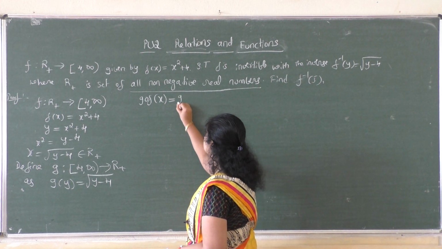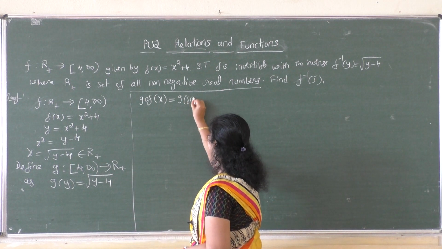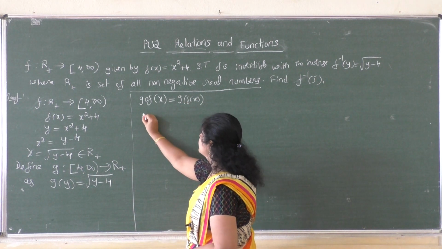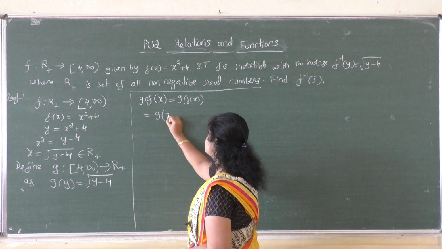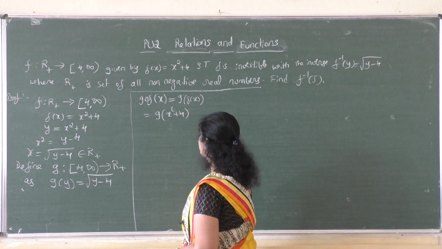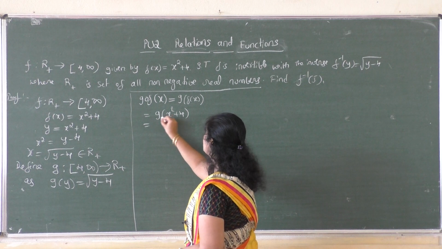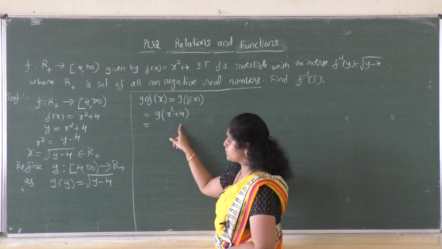That is equal to g of f of x, which is g of x square plus 4. So it is like g of y, and g of y is root y minus 4.